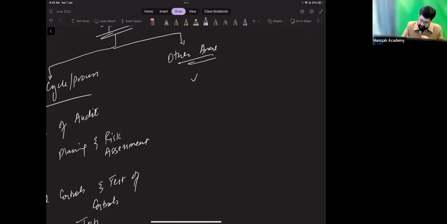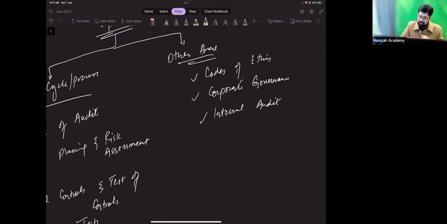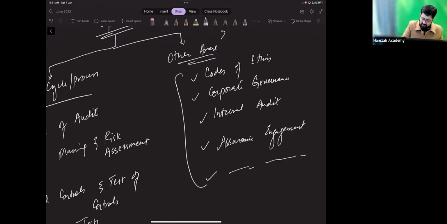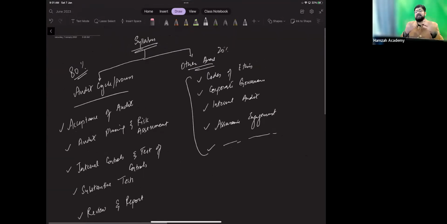They include the codes of ethics, corporate governance, internal audit, assurance engagement, and some small topics, although they are already so small. So it is around 20%. So this is the syllabus, audit and assurance.